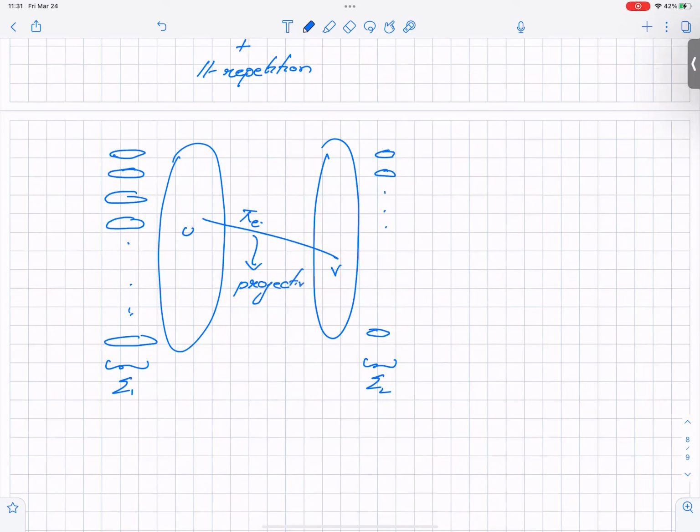When you say they are satisfied, that means the predicate is. So the constraint is basically of the form pi e is sigma 1 to sigma 2. You just pick every edge and see if pi e of the left alphabet is equal to what's written on the right hand. Okay. So it's a projective constraint of this type.